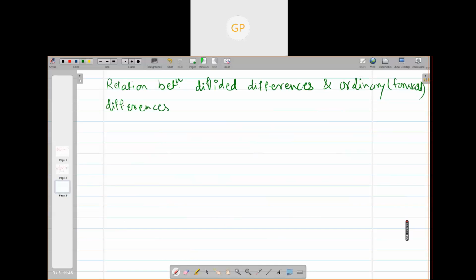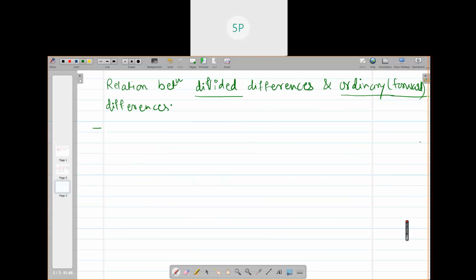So it's very easy, you write down both. If we want to establish the relation between divided difference and forward or ordinary difference, what should be our assumption? Can anyone tell me? What should be the condition?